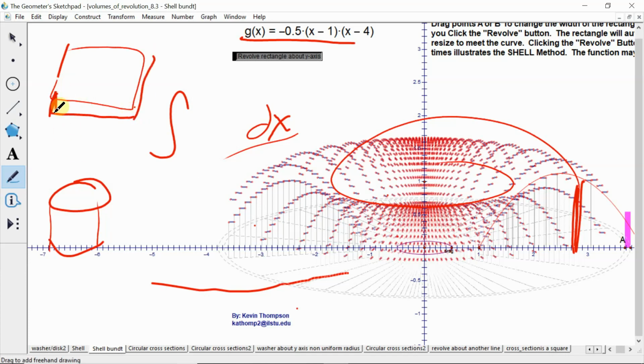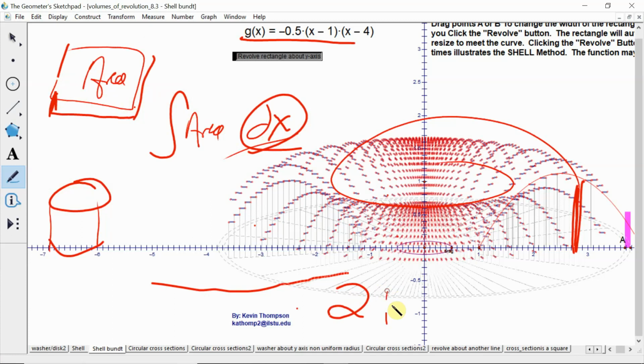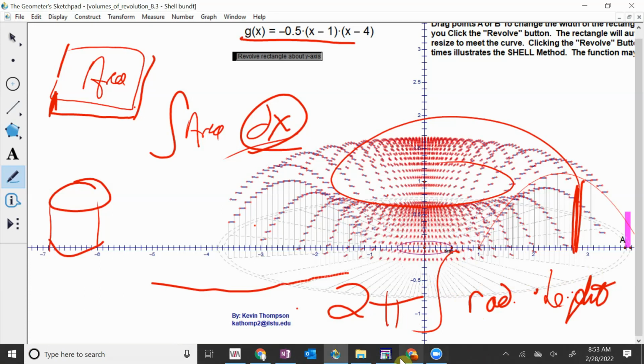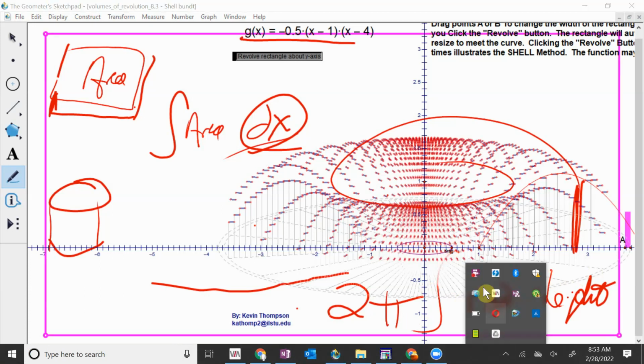This thickness should correspond to the thickness of the wall, which is dx, and we're still integrating this area. So it's always going to have a 2 pi, an integral, a radius, times a height is what this shell method should be, okay?